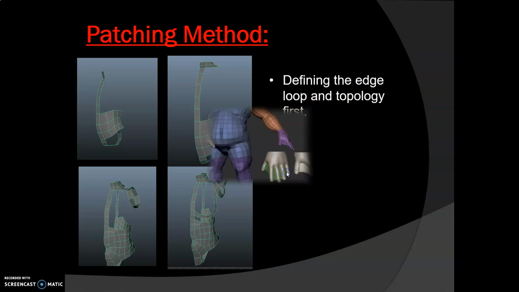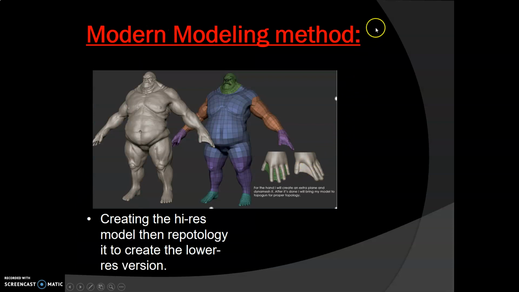Okay, so moving on. This is the modern modeling method. So rather than creating the simple shape, what people usually do in this modern method is create the character in a very detailed fashion right away. Once you create all these nice wrinkles, the skin folds, and everything, they then create a low res version of that.